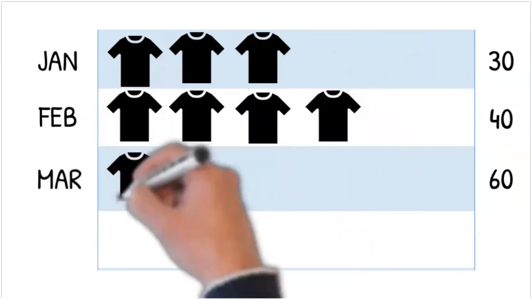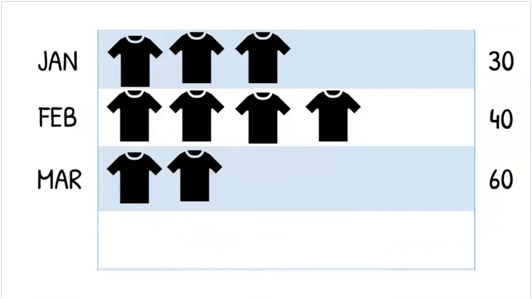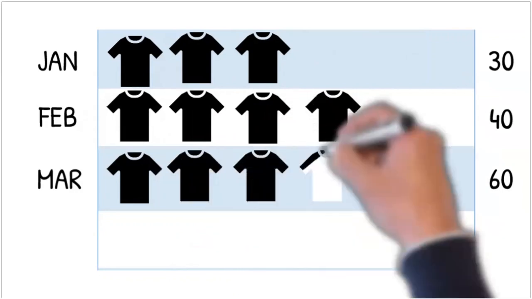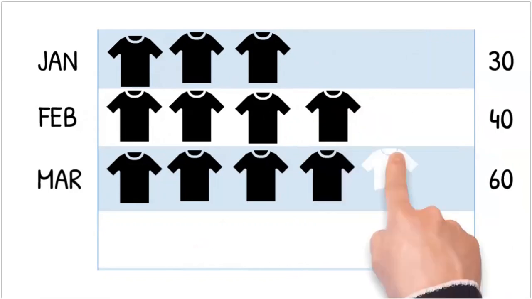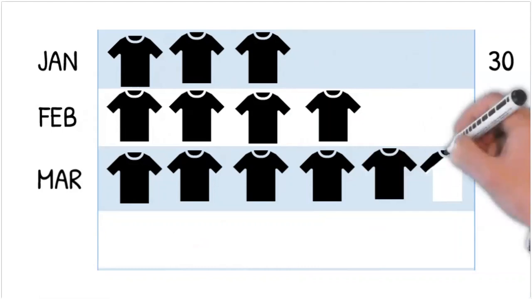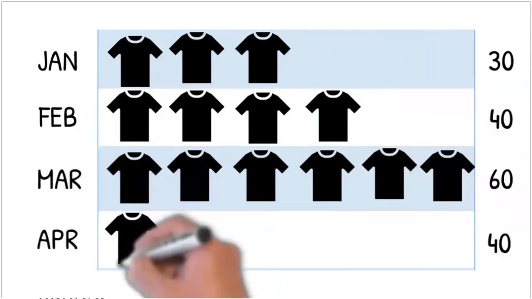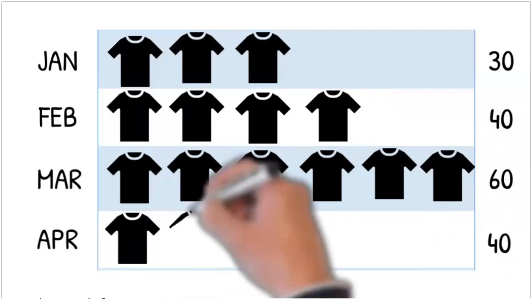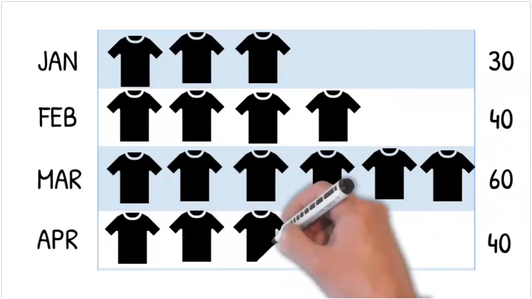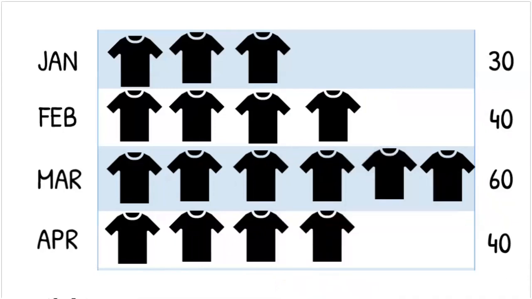In March, the garment factory sold 60 t-shirts, and hence we will draw 6 pictures of the t-shirt. And finally, in April, the factory sold 40 t-shirts, and hence we will draw 4 pictures of the t-shirt. In this way, we finish our pictograph.